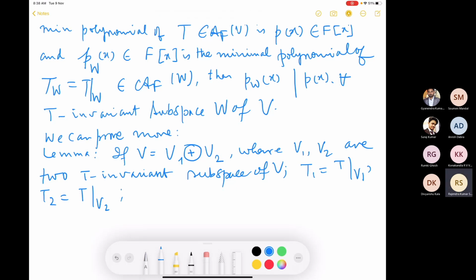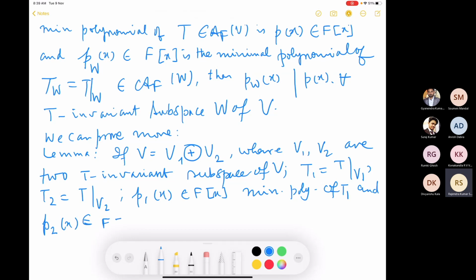And let p1(x) in F[x] be the minimal polynomial of T1, and p2(x) the minimal polynomial of T2.